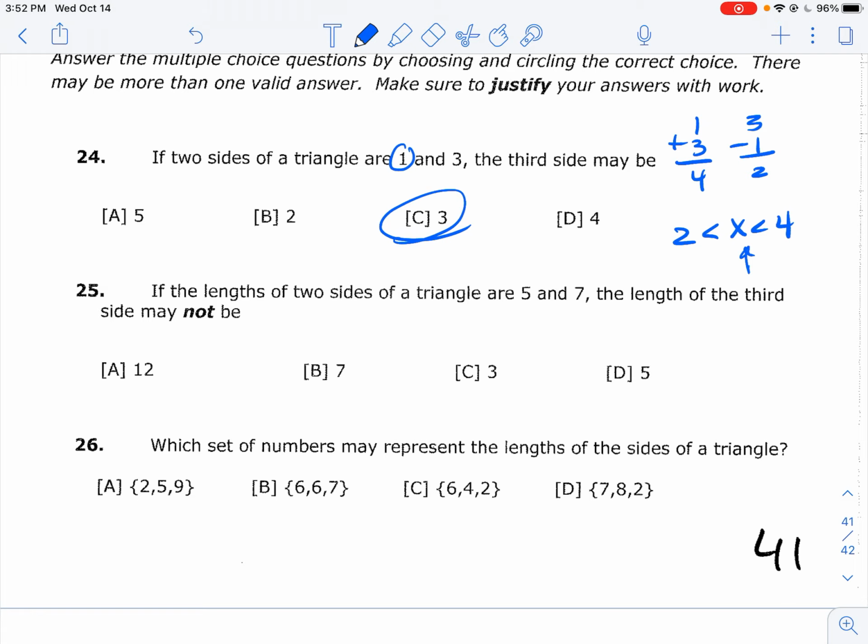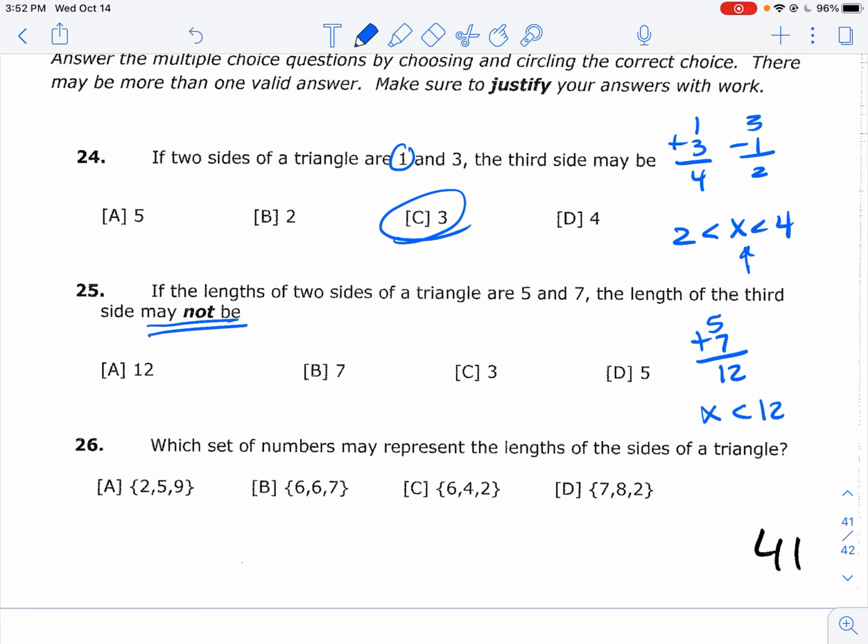Number 25, if the lengths of two sides are 5 and 7. Okay, so let's do the same thing. Well, the length of the third side may not be, so now they're changing the rules. Let's go ahead and figure this out. If 5 and 7 are the small sides, then the third one has to be less than 12. So 12 must be greater than x.